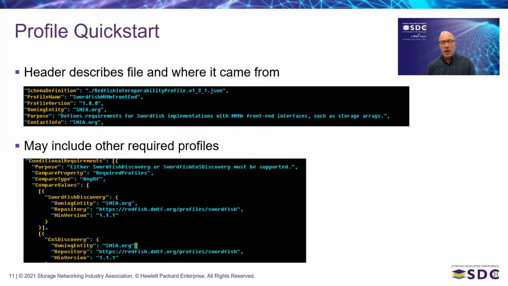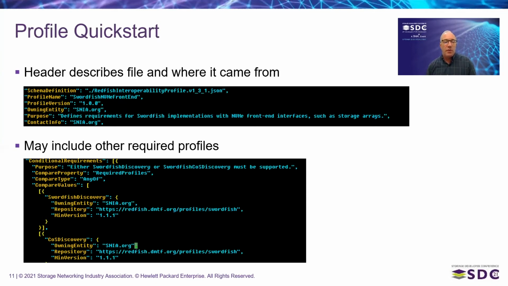For a quick start on how to read profiles, the header describes the file and where it came from. I grabbed the header out here. We've got a schema definition that says what schema this profile is compliant with. We don't have to worry about those for the level of detail we need today. The profile name that I've grabbed out here is the Swordfish NVMe front end.